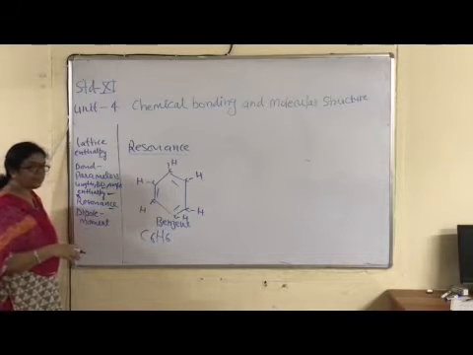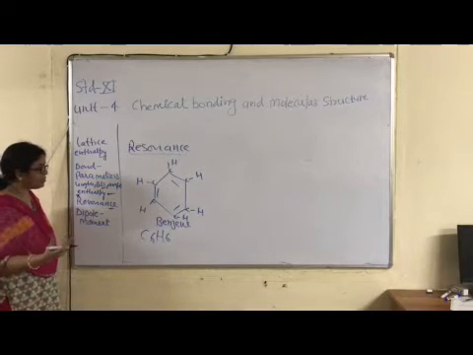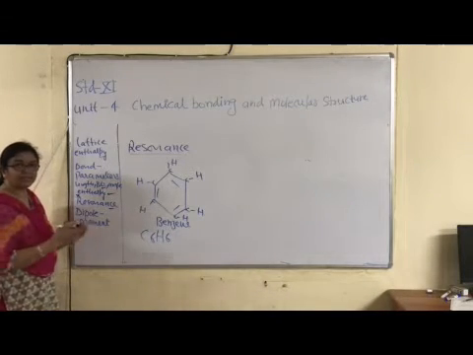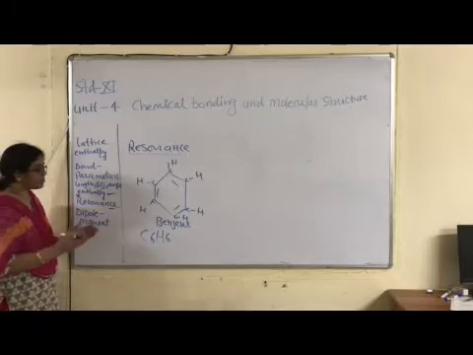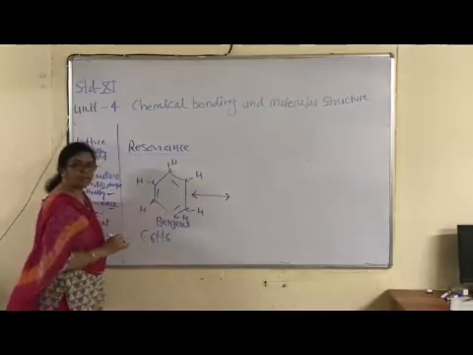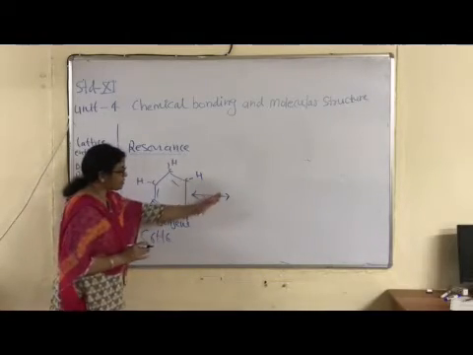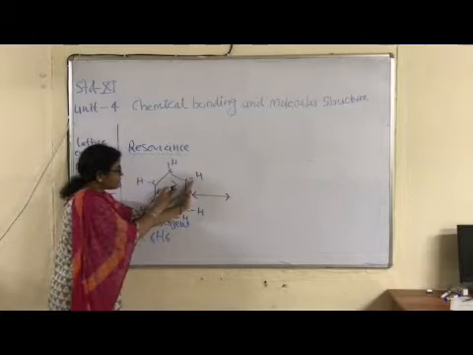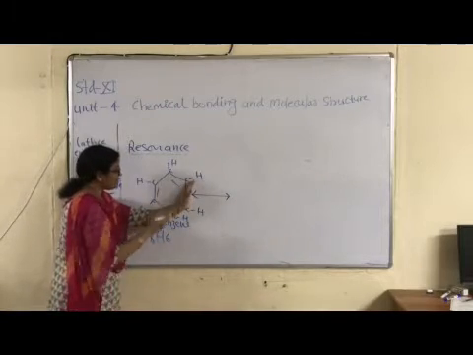Okay? Second, in terms of resonance hybrids, resonance is shown by a double-headed arrow due to interconversion between two structures. This is a double-headed arrow, right? Forward directed, this arrow is showing conversion of this structure into another. What is the second form?